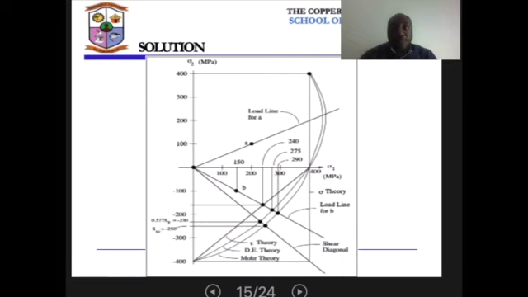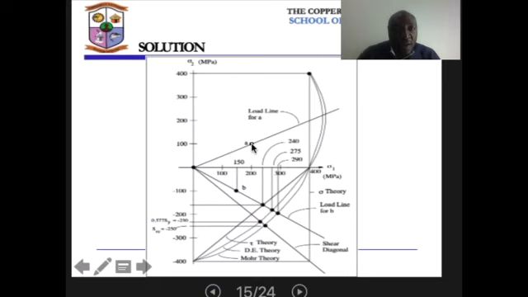For the maximum normal stress theory, you see that sigma 1 and sigma 2 plotted on the graph will show that point A is the critical point. Okay, and so now we're going to see how the failure will be predicted.